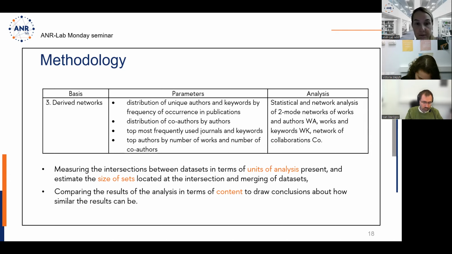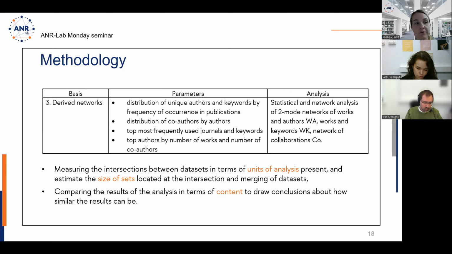And here we can look again at different levels. From one point of view, we can measure the intersection between data sets in terms of units of analysis, and look at the sizes, of how many units we have. But also we can look at the results of the analysis, and make a comparison in terms of how similar the results are that we get.